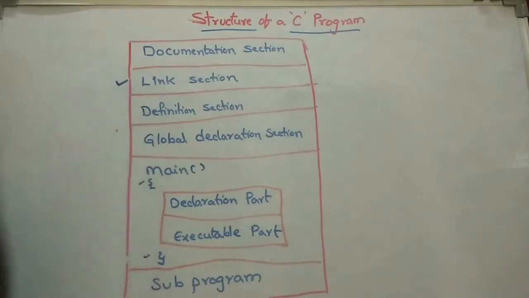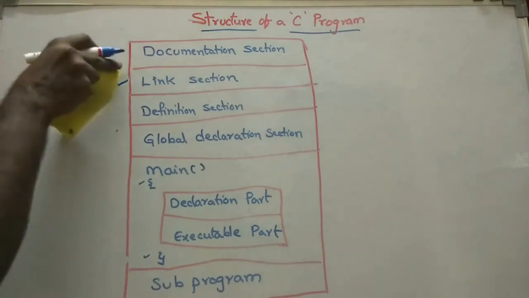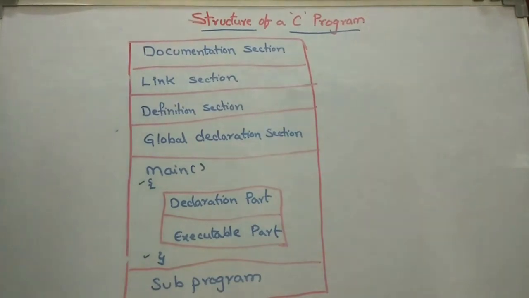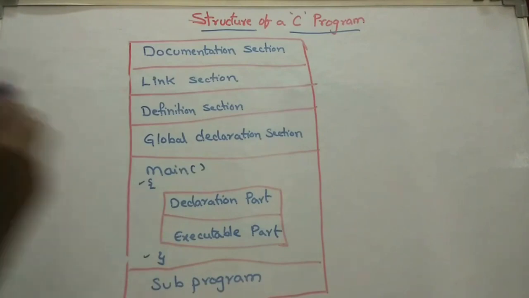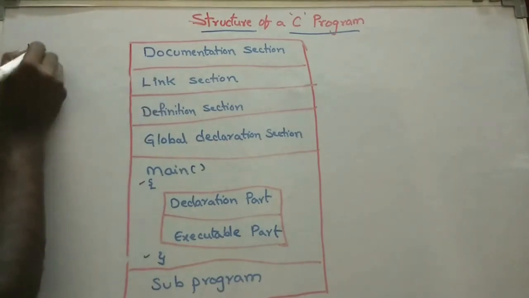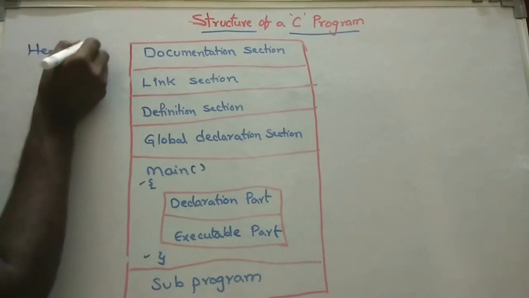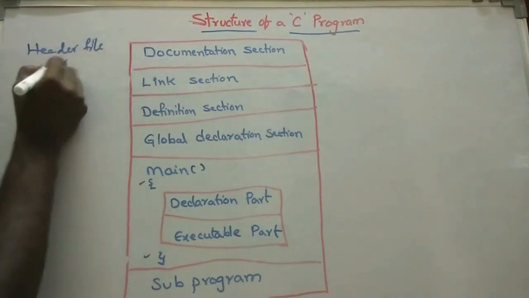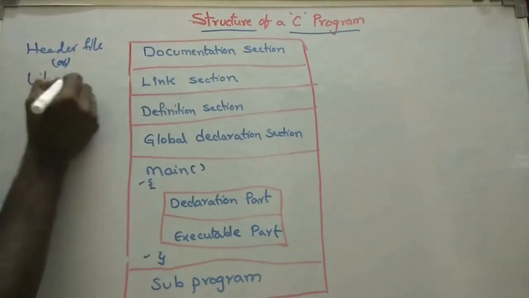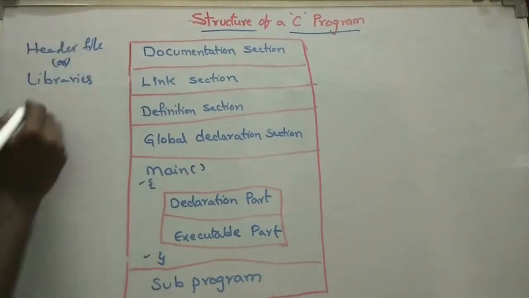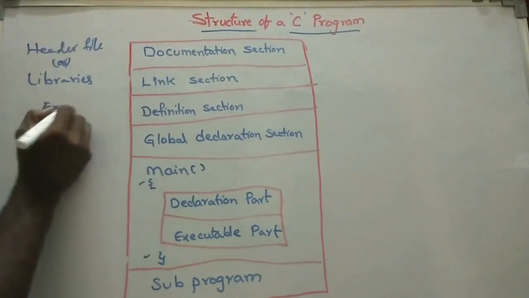And the second section. What is the second section here? Link. What is meant by the link section? By using the link section we have to link, or include, the header files or libraries which are necessary for execution of your program.